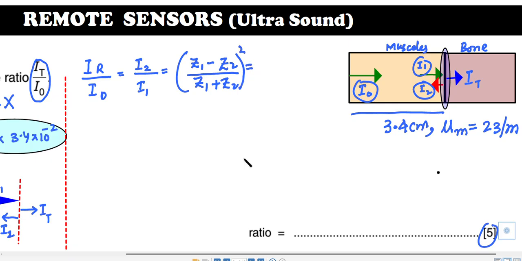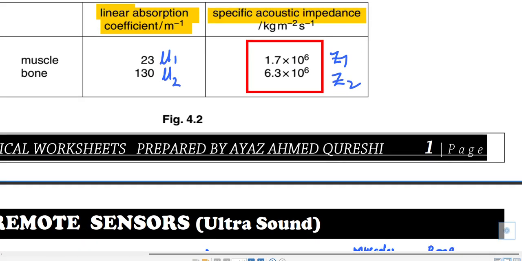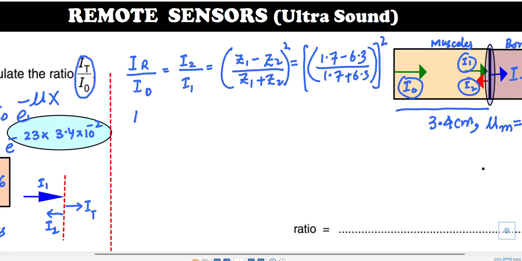So can you please help me out to calculate this value? Z1 and Z2 values are 1.7 and 6.3, so 1.7 minus 6.3 divided by 1.7 plus 6.3. The 10 power 6 from the numerator and denominator would be cancelled out, and here it would be squared. So please help me calculate this.